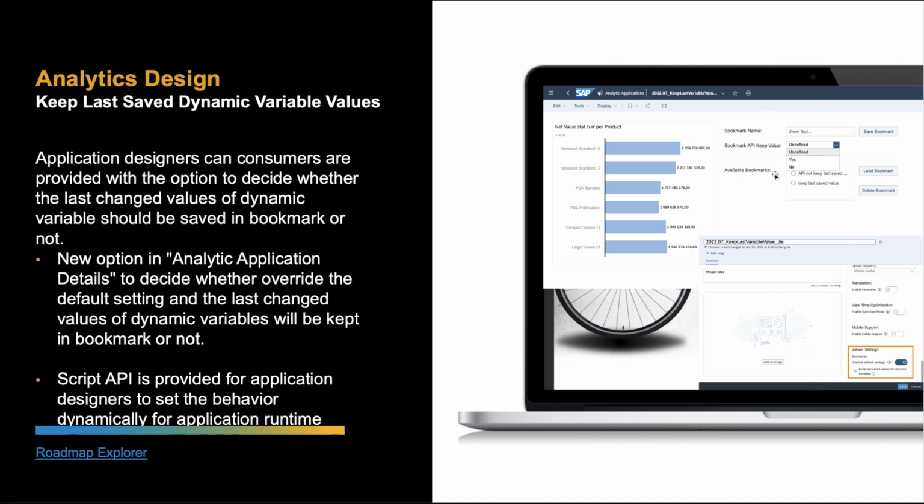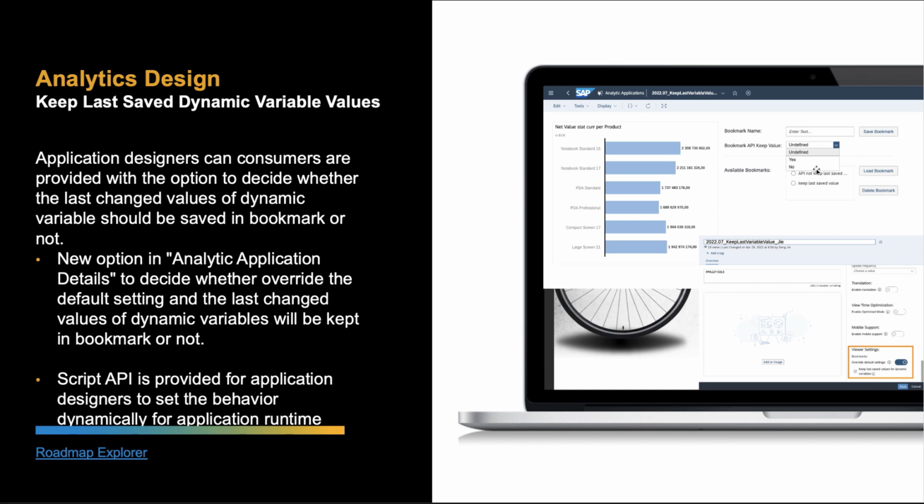Using this script API, you will be able to build drop-down boxes, like a bookmark setting to keep last selected values. Or you can select yes, no or undefined. If it's undefined, then it will take the design time setting. If they select yes or no, then these runtime settings will override the design time setting.